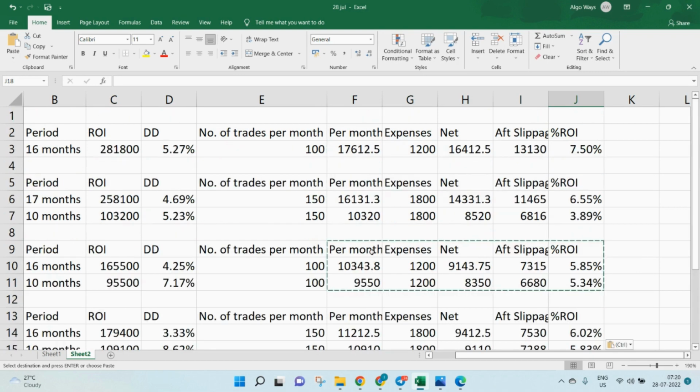So I'll keep both the strategies' links in the description box so that you can deploy and see and code it. If somebody wants help, they can contact me for the template or the strategy coding for this particular strategy.